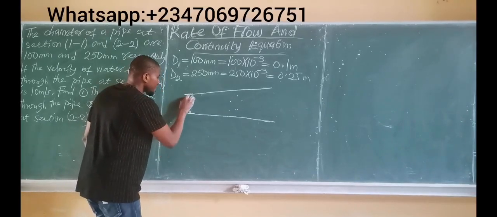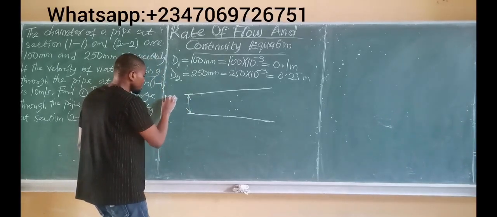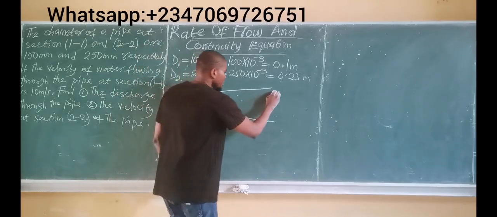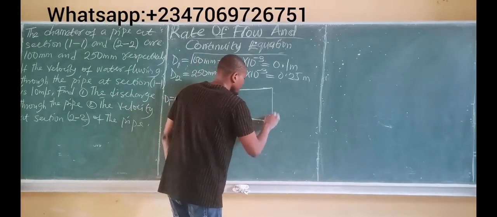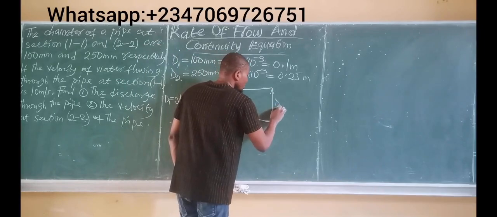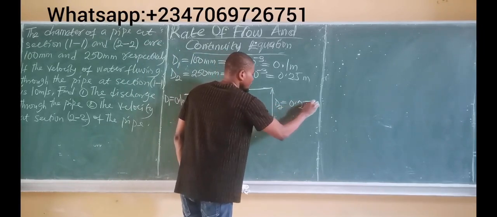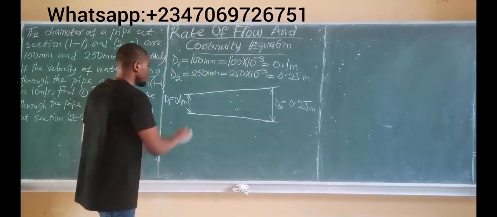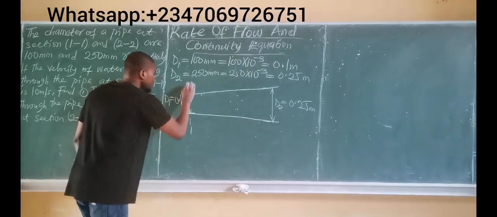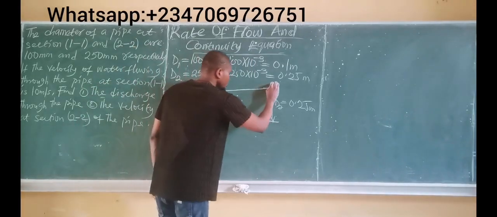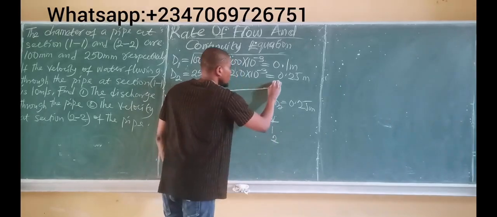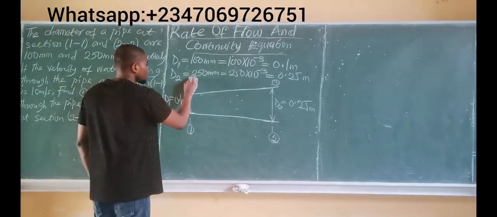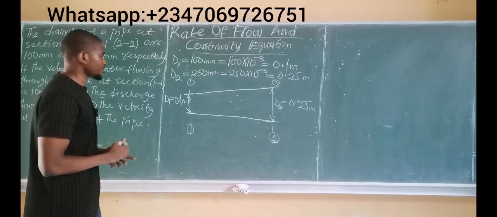For the first segment, D1 is 0.1 meters. For the second segment, which has a larger diameter, D2 is 0.25 meters. So this is what the pipe section looks like. This is section 1, and this is section 2, as indicated in the question.